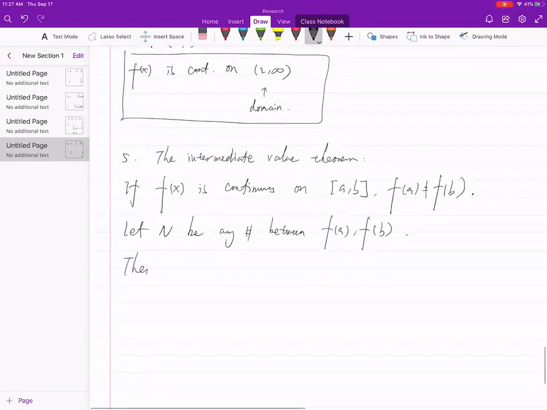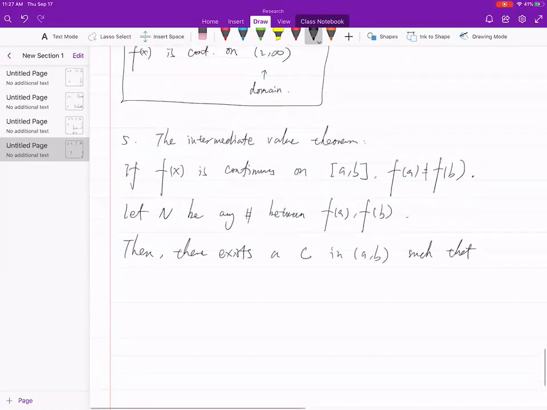Then there exists a c in (a, b) such that f(c) equals n.